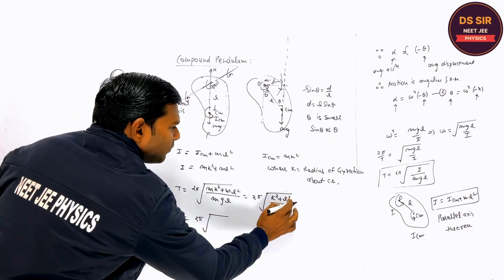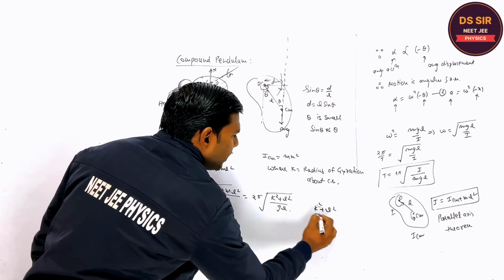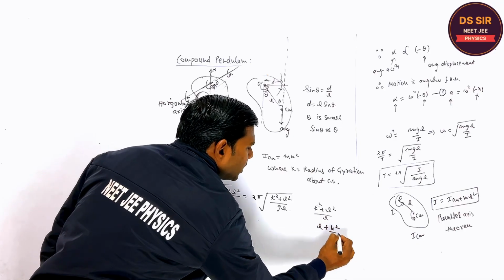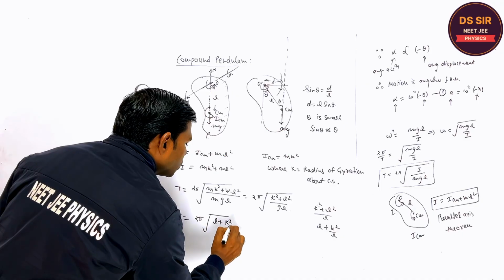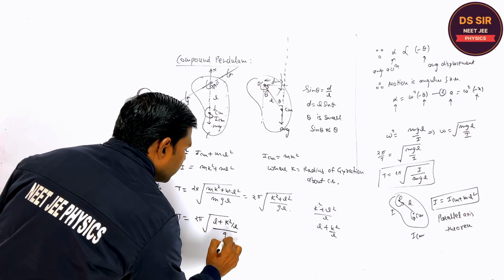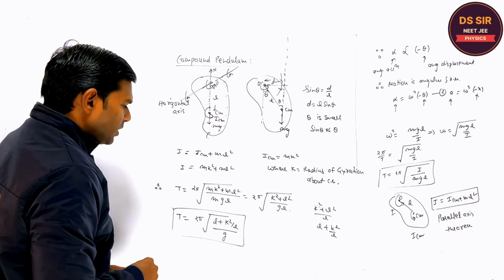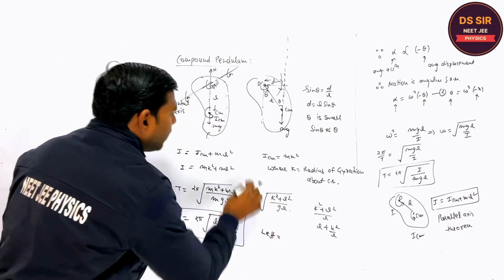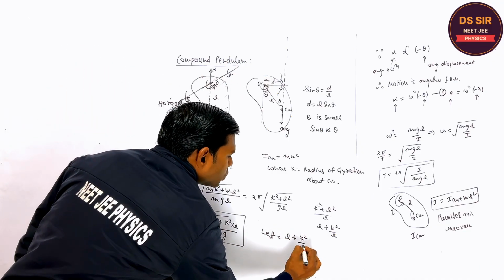If you divide by L, it will be L plus k square upon L, divided by g. So if you compare with the simple pendulum, it will be L effective. So the effective length of this compound pendulum may be written as L plus k square upon L.